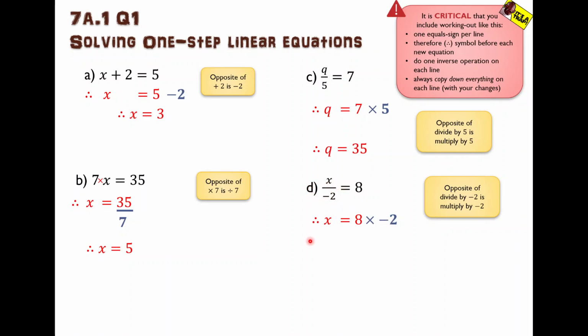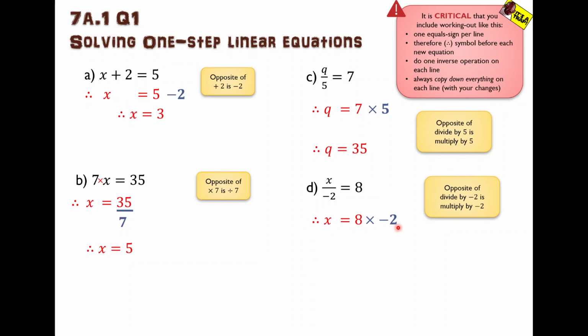Disappears from one side and the opposite appears on the other side. All right, the x gets copied down, the equals, the 8. It's just that this thing has moved. It is important that you do another line for this and then another line to figure out the answer. Therefore, x equals 8 times -2.